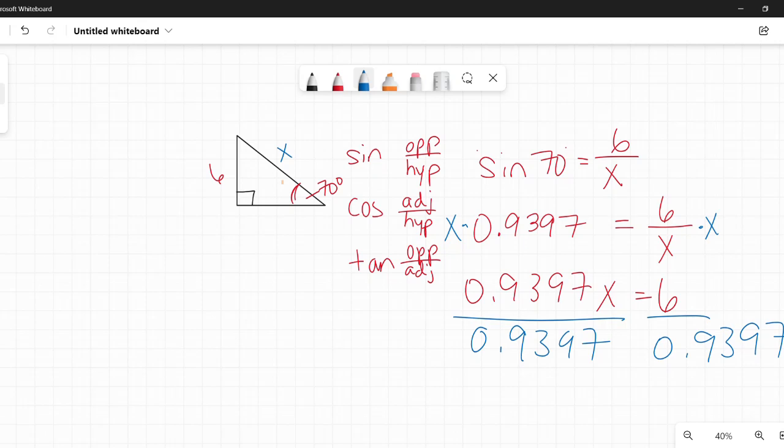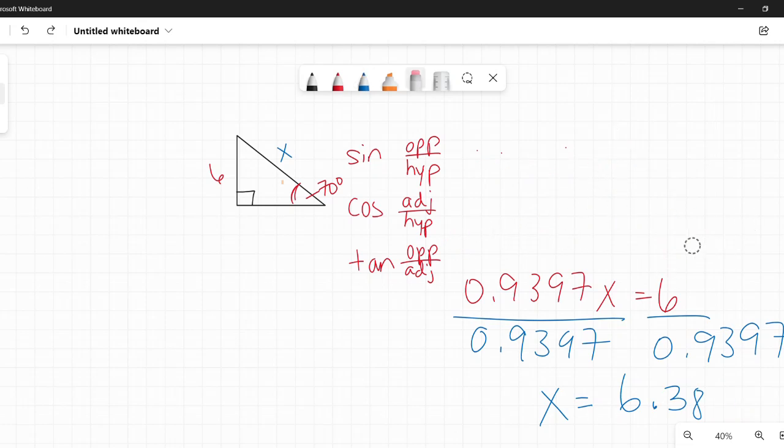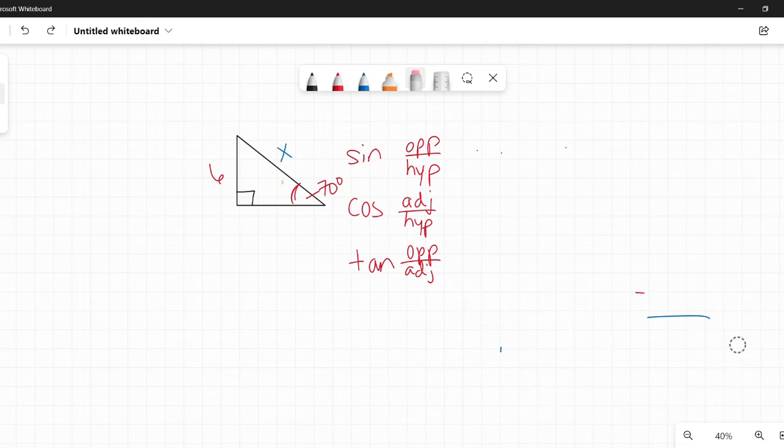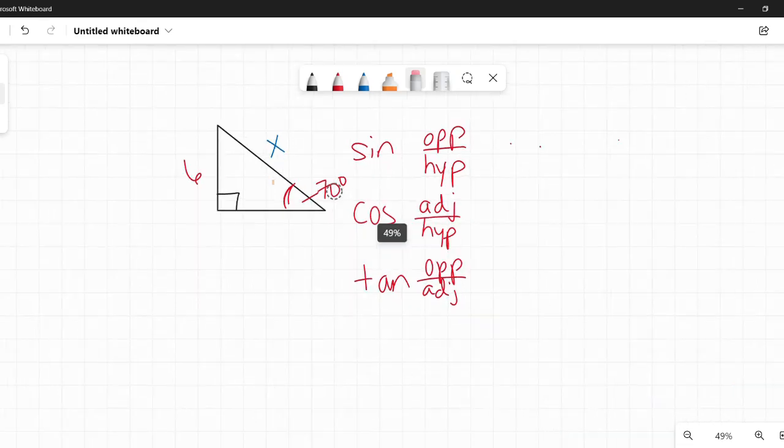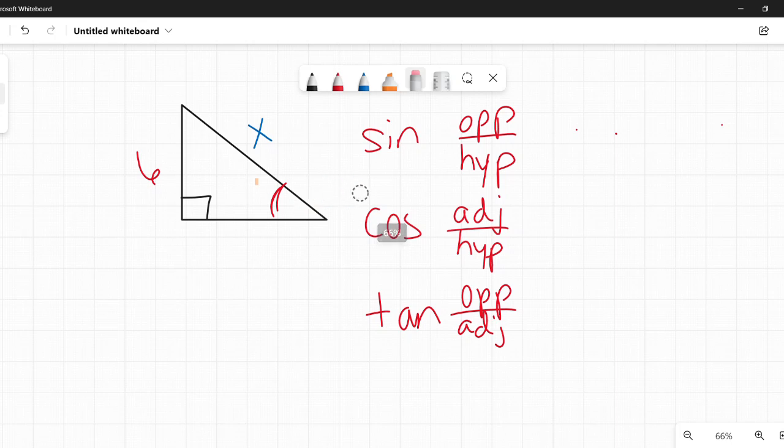A little unwieldy, I know, because of that decimal with the sine. But once you do that, you will get that x is equal to 6.385, and always follow your teacher's lead or the test or the worksheet as to how many digits they would like that rounded to.